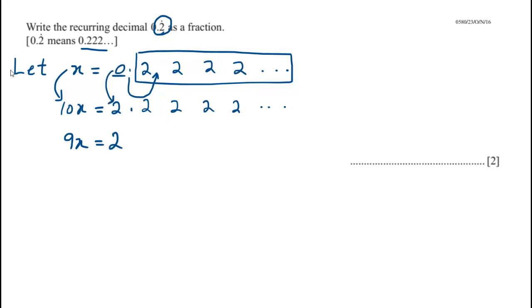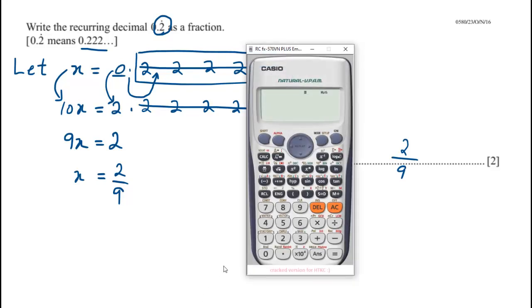After subtraction, this portion will vanish, cancelled out. So x is 2 over 9. So let's check this. That's right, correct answer.